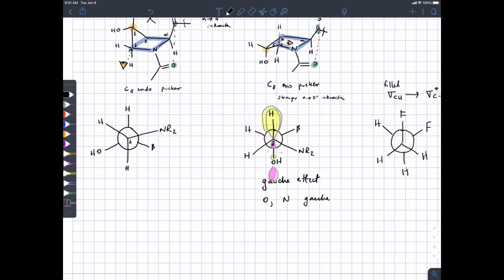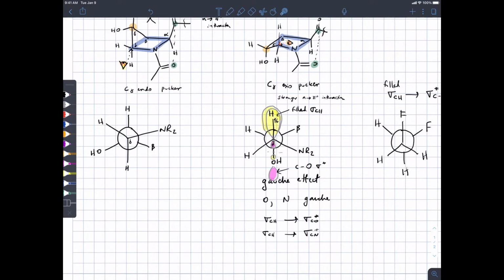So what I've drawn here is the carbon-oxygen sigma star, and in the front you've got this filled carbon-hydrogen sigma bonding orbital. So this allows for the carbon-hydrogen sigma bonding orbital to overlap with the carbon-oxygen sigma star. It also allows for a carbon-hydrogen bonding orbital to overlap with the carbon-nitrogen sigma star.